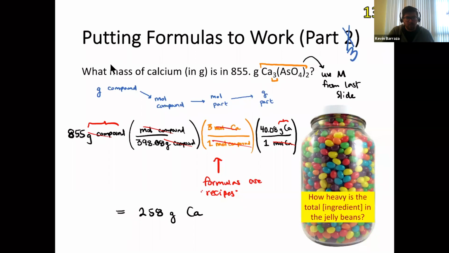So this question, what is the mass of calcium in this much compound, is the same as saying how many grams of sugar are in this entire jar of jelly beans. It's kind of like an ingredient of that. Whew. All right.